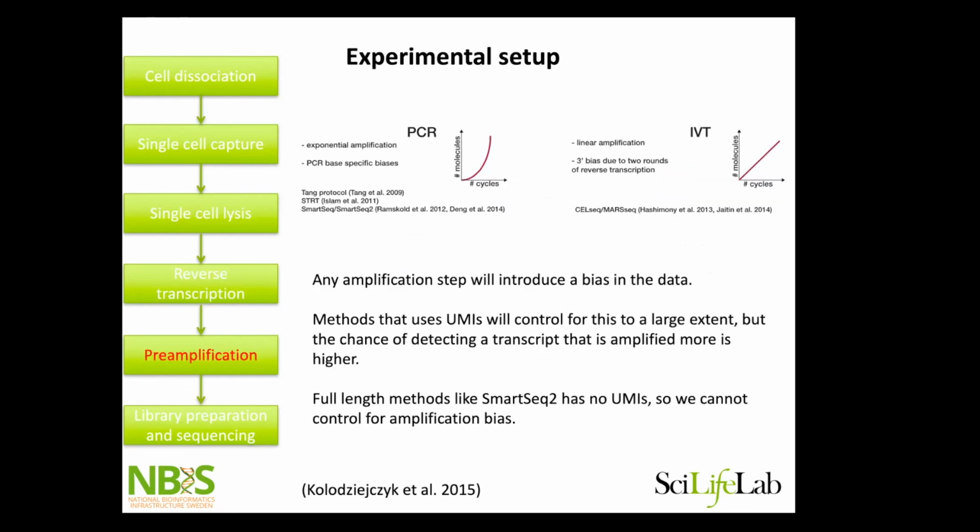Then of course we have the amplification step, and of course that introduces bias, but the UMIs will in most cases control for it. So we can hope that it handled most of this issue. Of course, the chance of detecting a transcript that has a high amplification bias is higher. So at the low end of detection, also these UMI-based methods will be influenced.